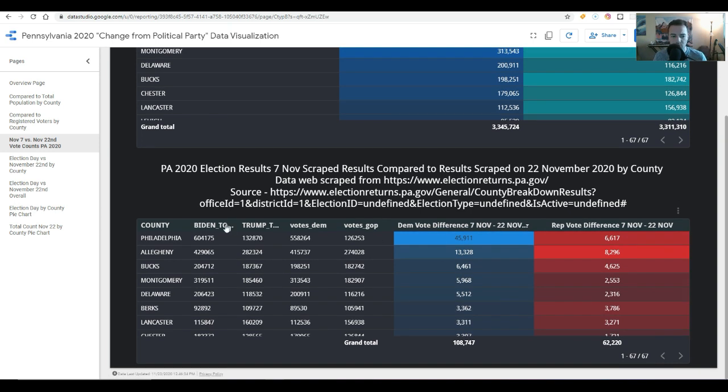So over here we have columns, and these columns need to be renamed a little bit because of the data set. I didn't quite get it right. But what this shows is this is the 7th and then this is the 22nd. And you can see the increase. I showed the difference here. So if we take Philadelphia, right?